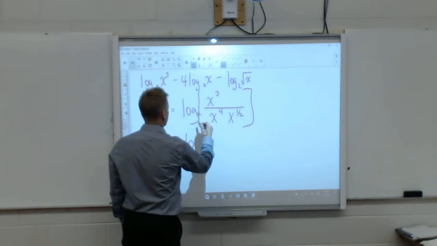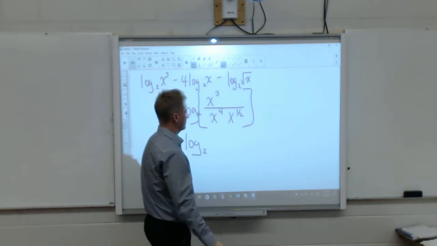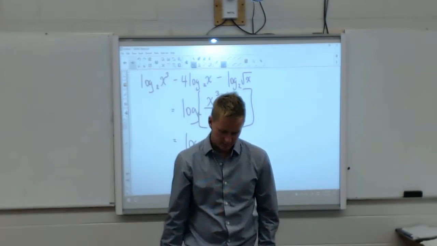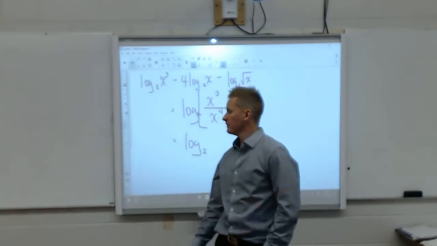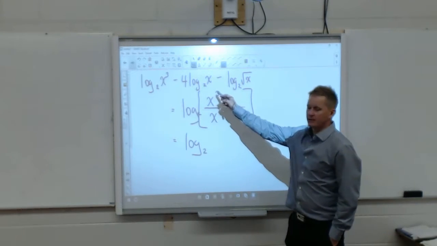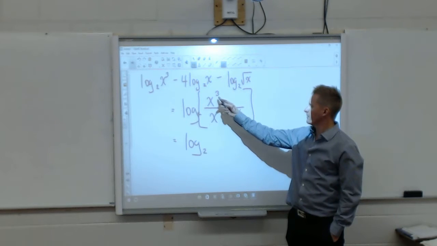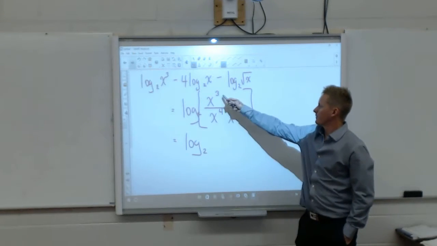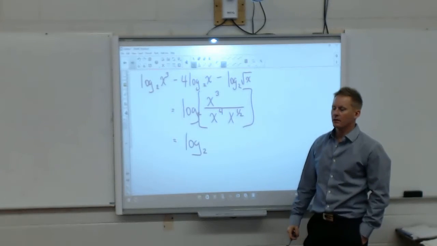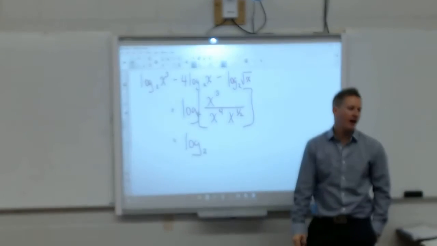Oh, I missed my base 2 in here. Base 2. And then I could simplify it. Let me just take a look. Yeah, they do. Okay? X to the 3rd. What do I do with these exponents here? I subtract them, right? So 3 subtract 4, negative 1, and then I got to subtract another half.